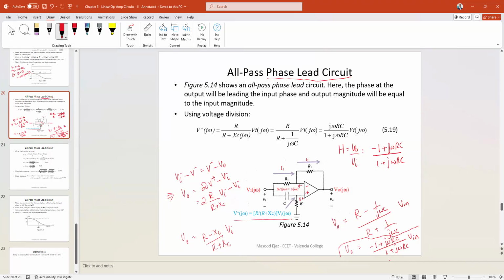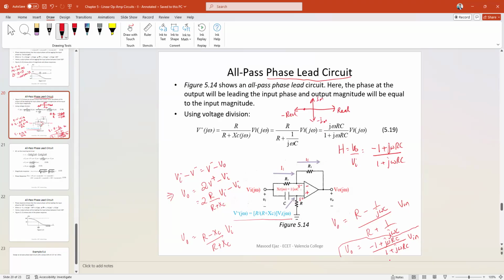As far as phase is concerned, observe that the numerator lies in the second quadrant of the complex plane. On the x-axis you have real numbers, on the negative x-axis negative real numbers, on the y-axis you have imaginary numbers j omega, and negative imaginary numbers negative j omega. The numerator is negative 1 plus j omega RC.